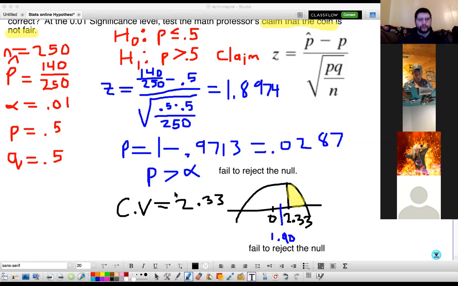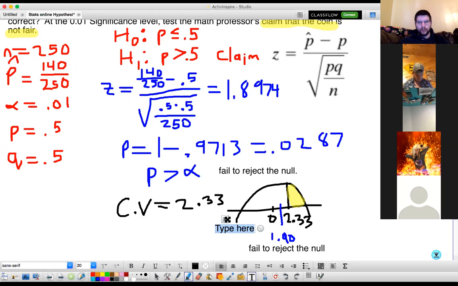N was 250. And we had a right tail test. Calculate that. And it gives us our test statistic and our p-value instantly. Test statistic and p-value. So with that, you would be done. Just use a p-test and you have that you fail to reject the null.